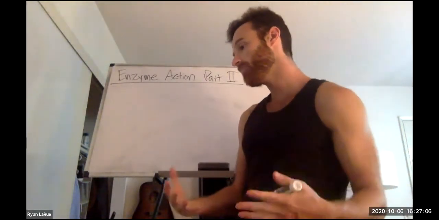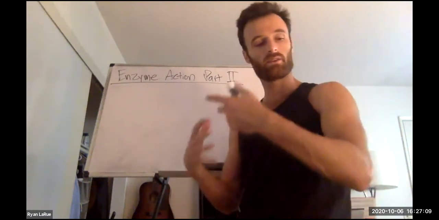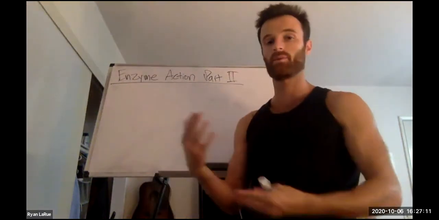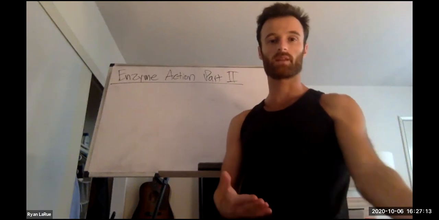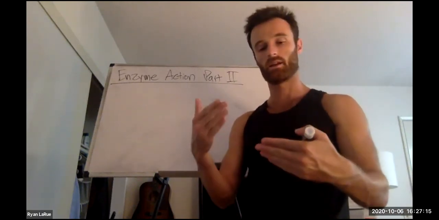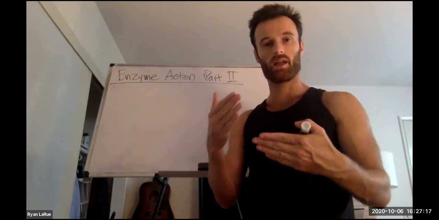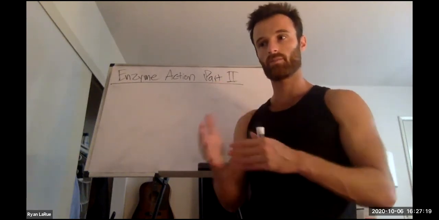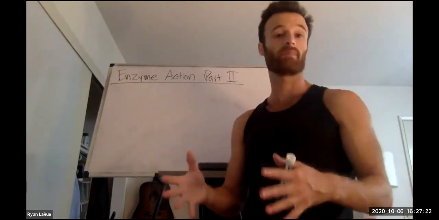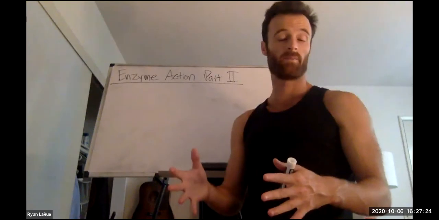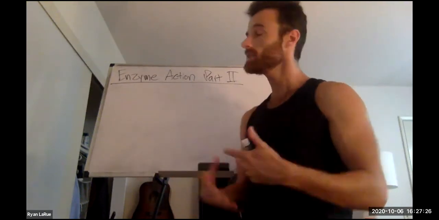And what can happen or not happen is, as we've talked about, this theme of structure and function being intimately related and very much connected. If you mess with the structure, you mess with the function.